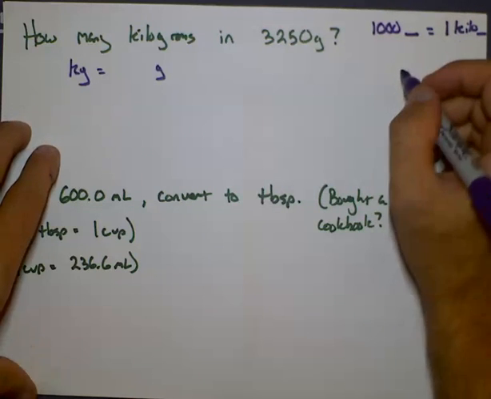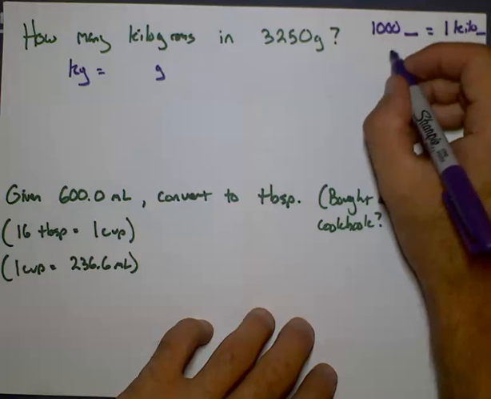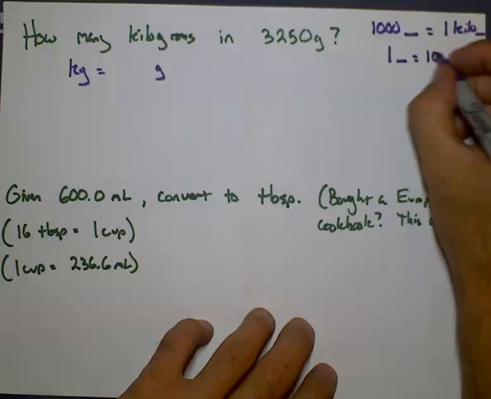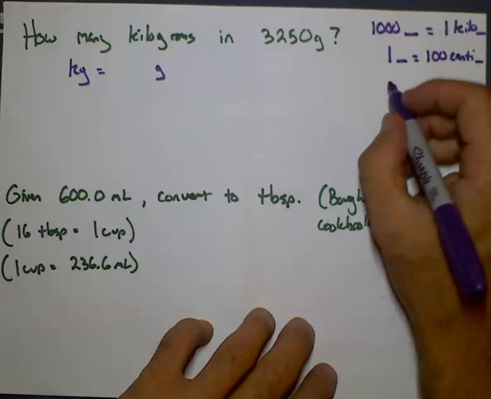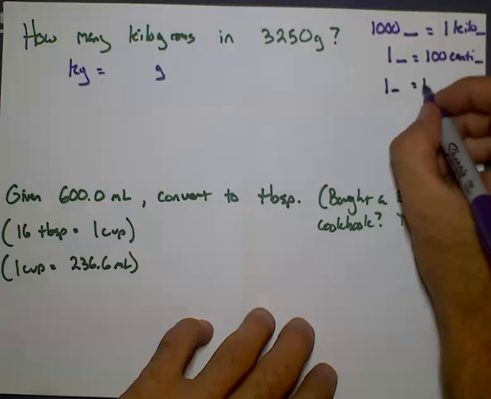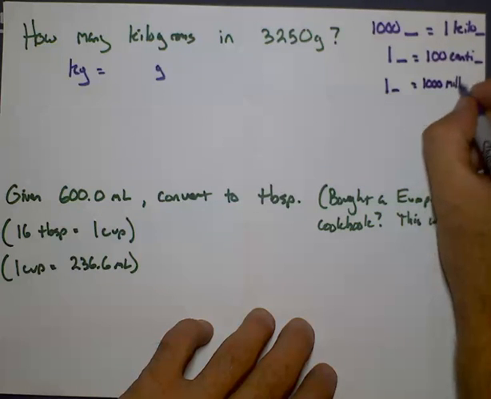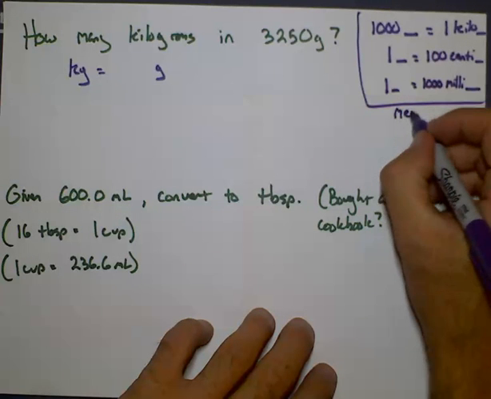I memorized that 1 unit equals 100 centi-units, and I memorized that 1 unit is equal to 1,000 milli-units, and those are going to need to get memorized.